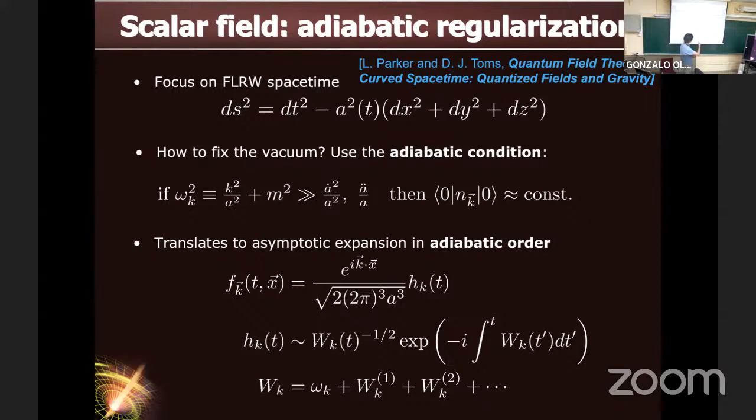This is just convenient for normalization. And you have a mode function h, and it is h when you expand asymptotically in terms of this W. This is called the WKB ansatz. And W at leading order is just omega, this omega. And then you have higher adiabatic order contributions.